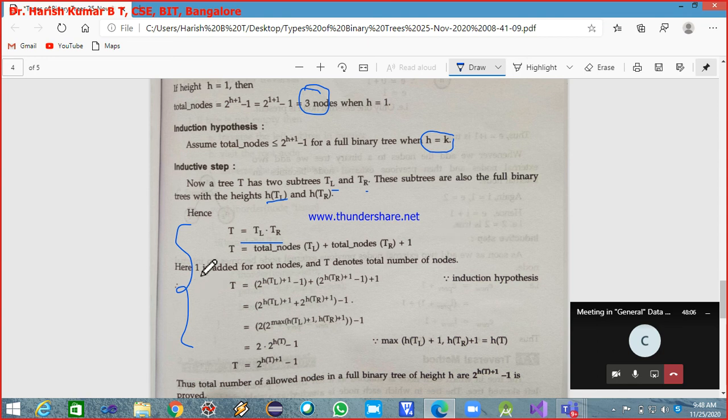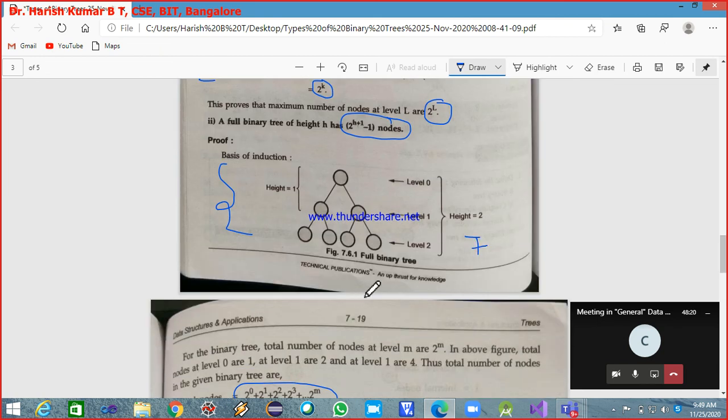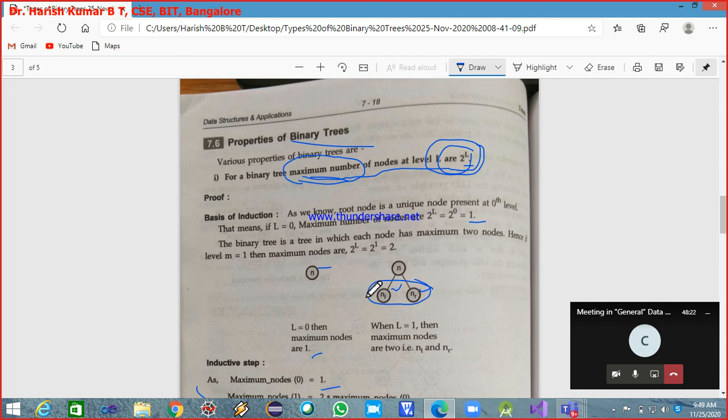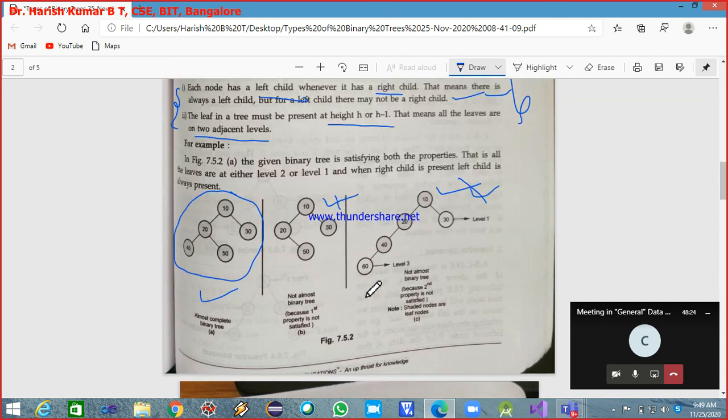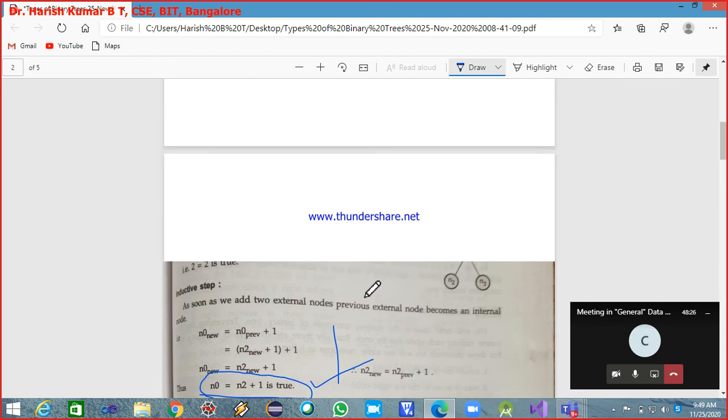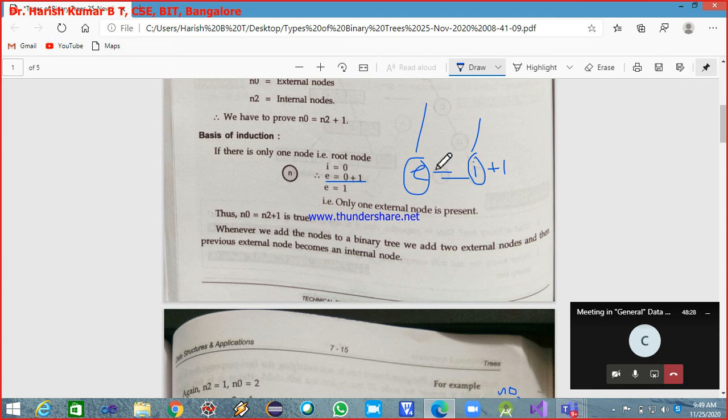Here 1 is added for the root node and T denotes the total number of nodes. So how this 1? From this I have marked here: E is equal to I plus 1.